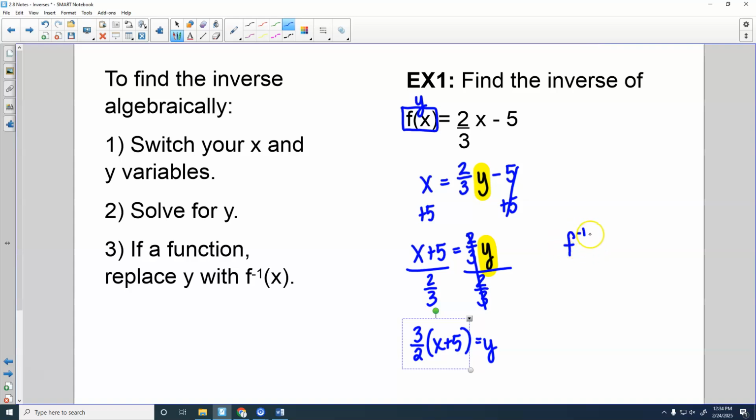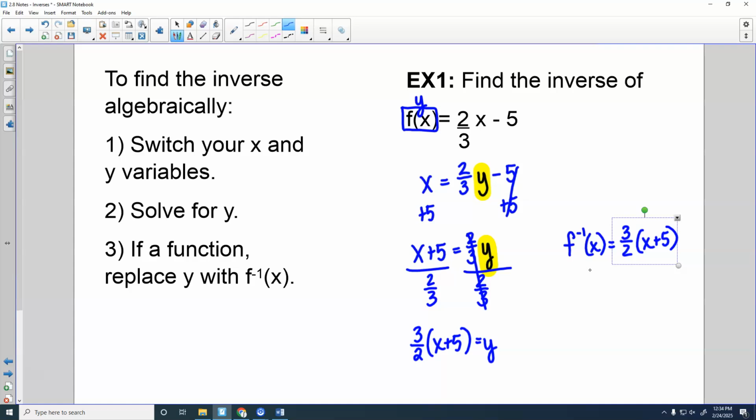So f to the -1 power of x, that notation right there means the inverse of f. So it would be 3/2 times x plus 5.